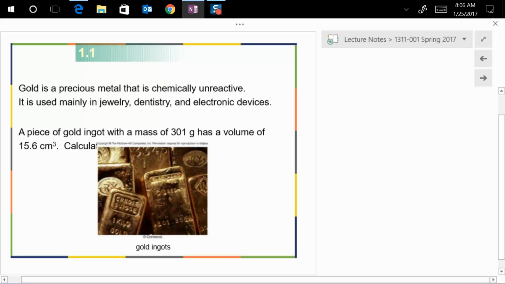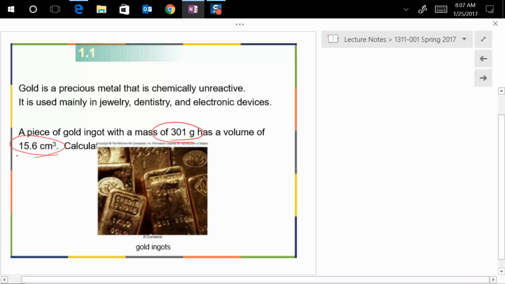Okay, so a piece of gold has a mass of 301 grams and a volume of 15.6 centimeters cubed. Calculate the density. It's the only thing you can calculate, right? How do I know that's what the question is? Because of the information they gave me. That's right.